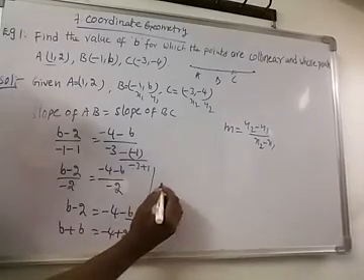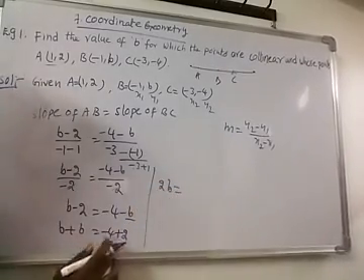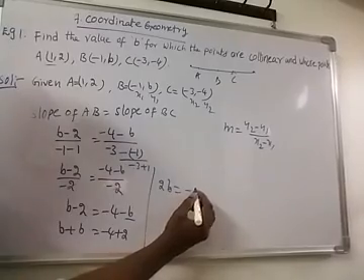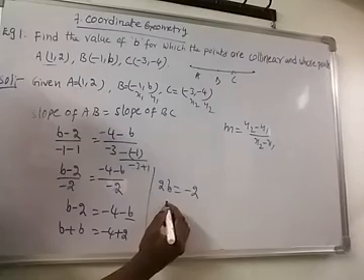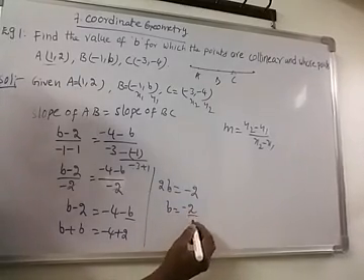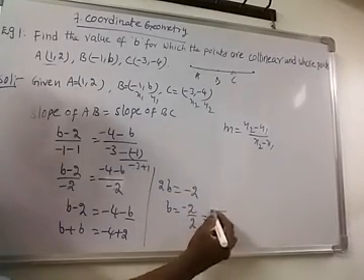Therefore b + b is 2b, which equals -4 + 2, that is -2. So b = -2/2 = -1.